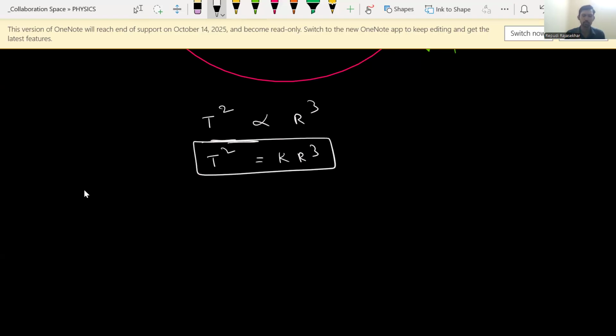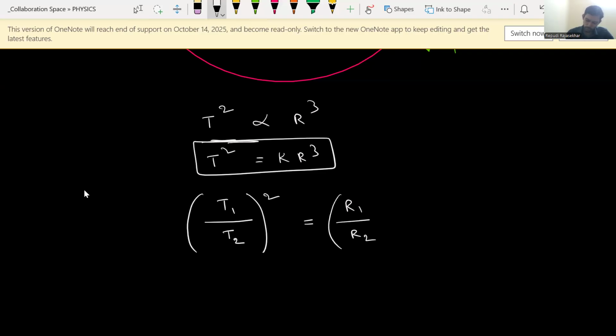Two satellites are there, one having time period T1, the second having time period T2. So (T1 by T2) whole squared equals (r1 by r2) whole cubed.